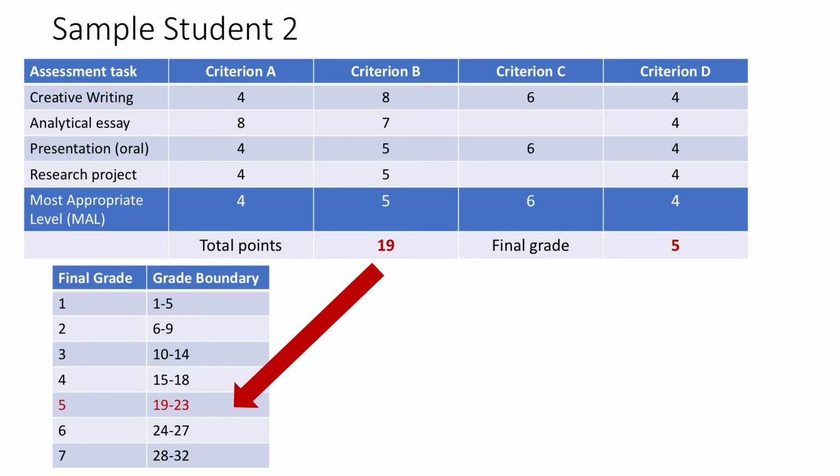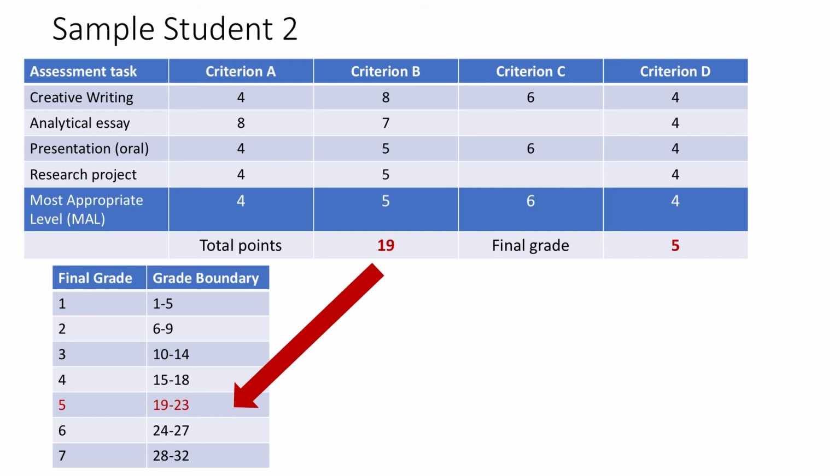So let's imagine you've done several summative assessment tasks, and at our school in January and June we produce a grade for you, and I'll explain how that happens. So this student has completed 4 different summatives: a creative writing task, an analytical essay, an oral presentation, and a research project.